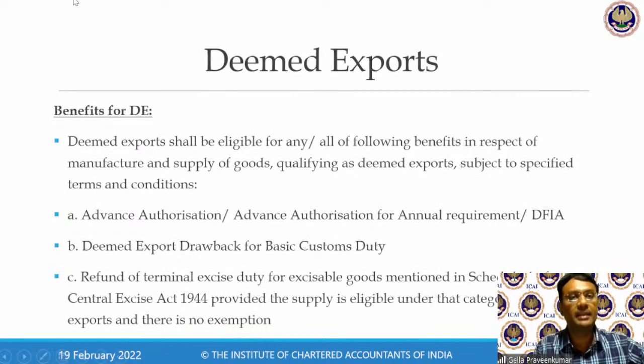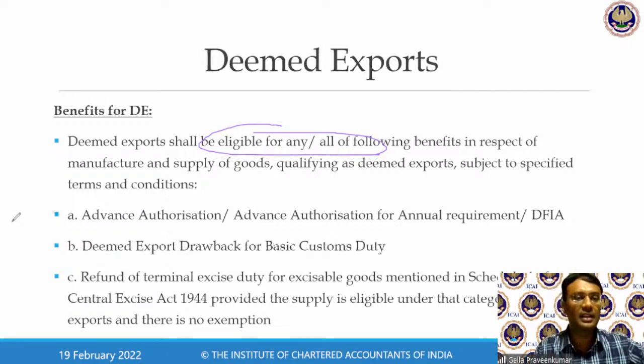So why do I do deemed exports? What benefits can I think of for making deemed exports? In the case of deemed exports, they are eligible for benefits. What is that? Duty need not be paid, or money repatriation in convertible foreign currency need not be done.